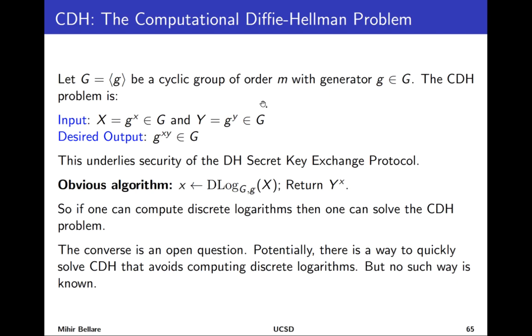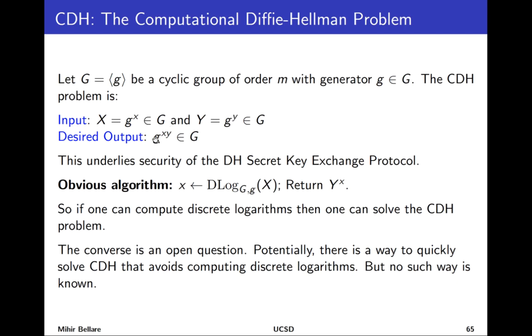And what is the problem? Well, again, you have as input a group element big X. We know that mathematically it's g to some power little x, because little x is the unique discrete log of big X. But that's not given as input, and as input you only have the group element. Unlike the discrete log problem, you also have another group element as input, big Y. And of course that's also g to some little y, and you don't know little y.